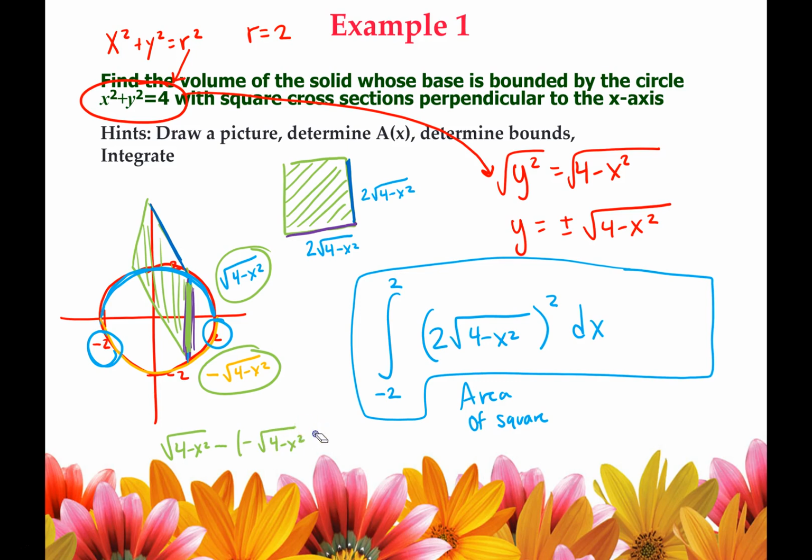Well, that minus minus is going to become a plus. And that's going to give me 2 square root of 4 minus x squared. Or, of course, you can see that it's going to be 2 of the top curves. All right, so there's our first one.